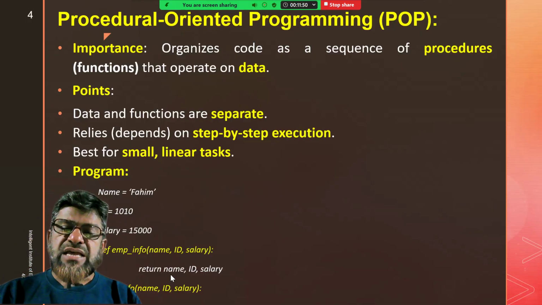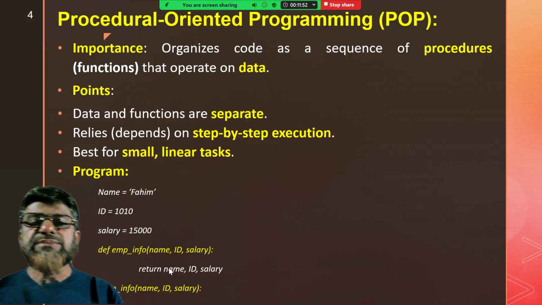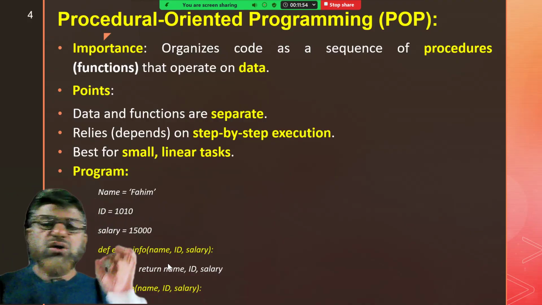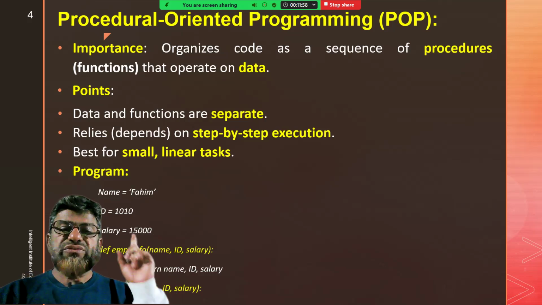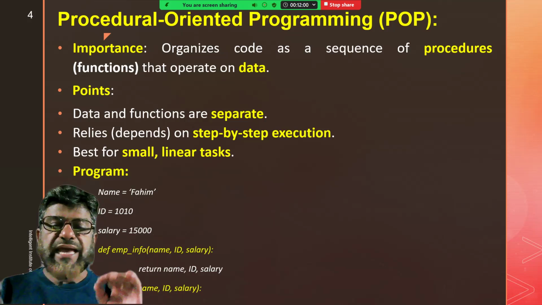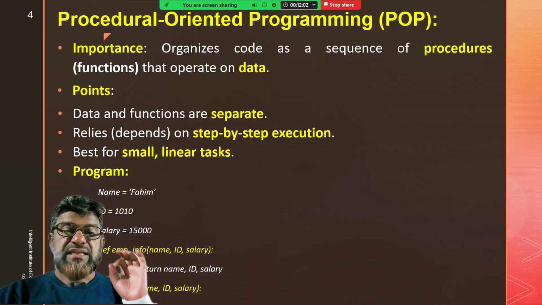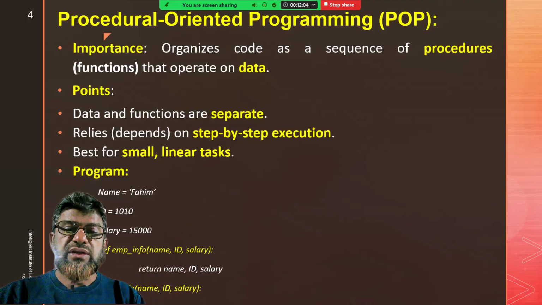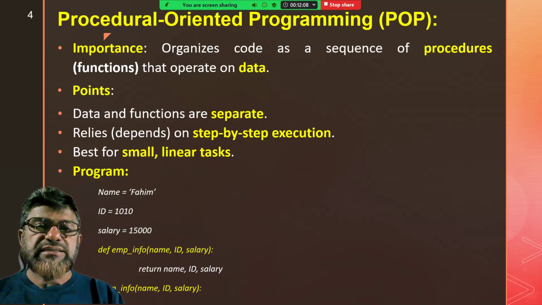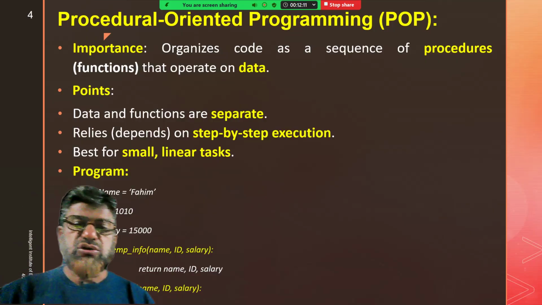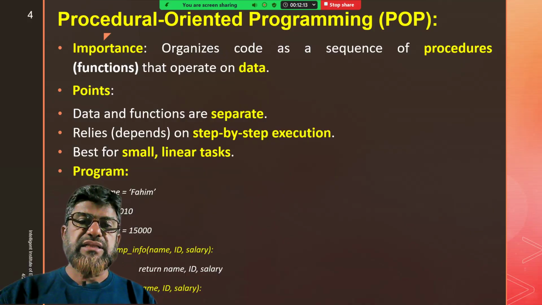If you need the concept, I uploaded it when I gave the lecture on functions, so please go through that and you can understand it, right? Next, I have returned this data, name, ID, salary, and I have called this function, and we got the output in practical. Move next.